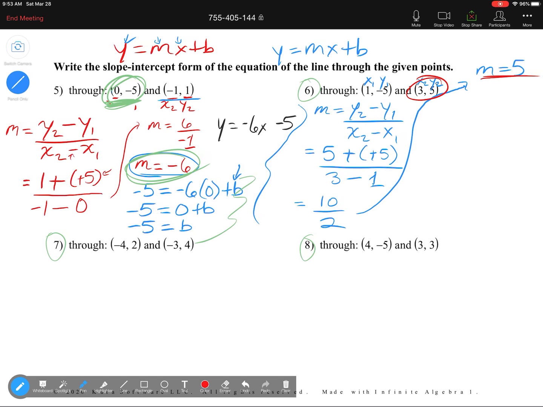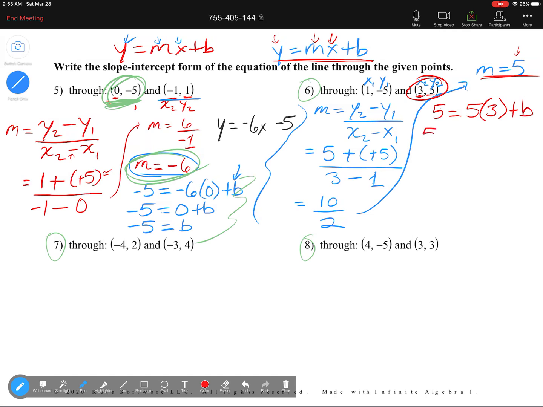Now, placing our values into y equals mx plus b, we have our y value, in this case it is 5, equals our m value. In this case, we just found it to be 5, times our x value, which is 3, plus some b that we don't know.